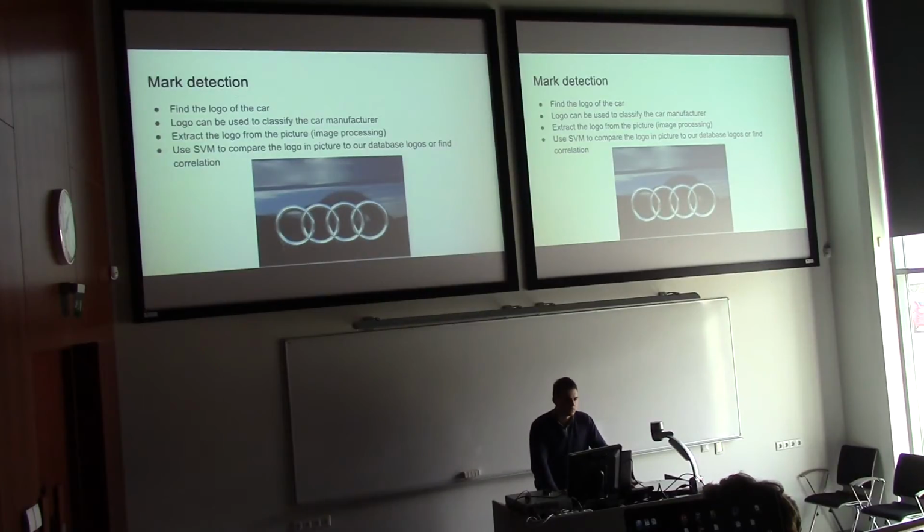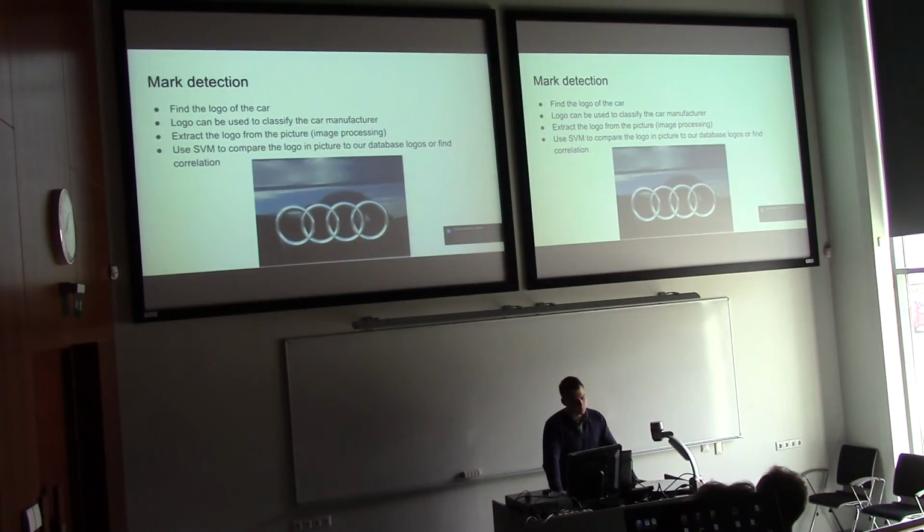Maybe we can use Viola-Jones again to do this, and then we can do some sort of pattern recognition, or also this kind of correlation if we have predefined our logos like with the letters. So we are still deciding which one we want to do.